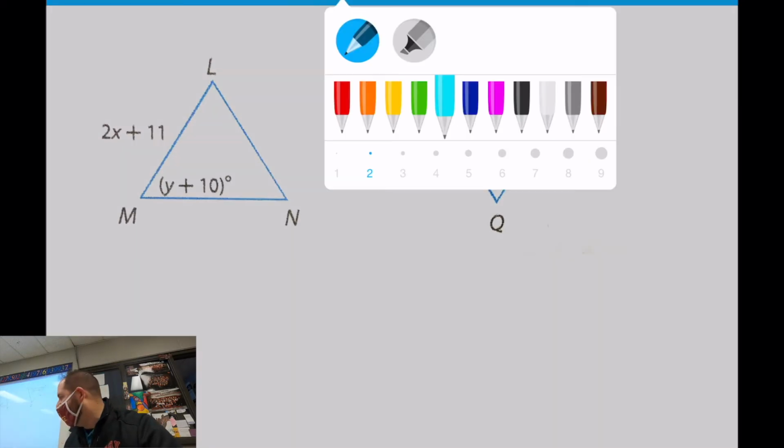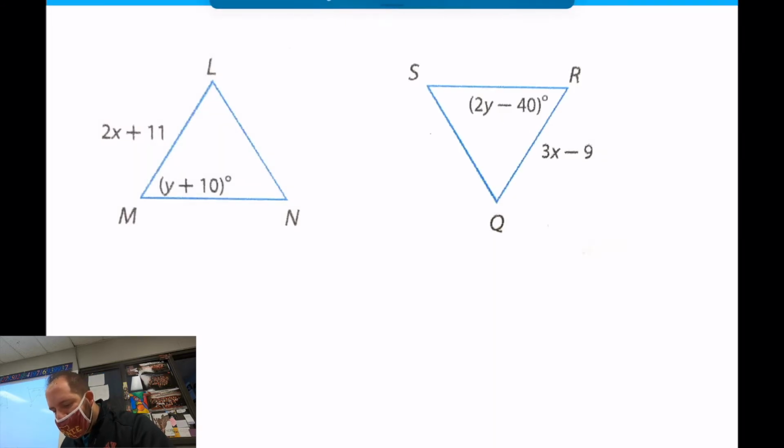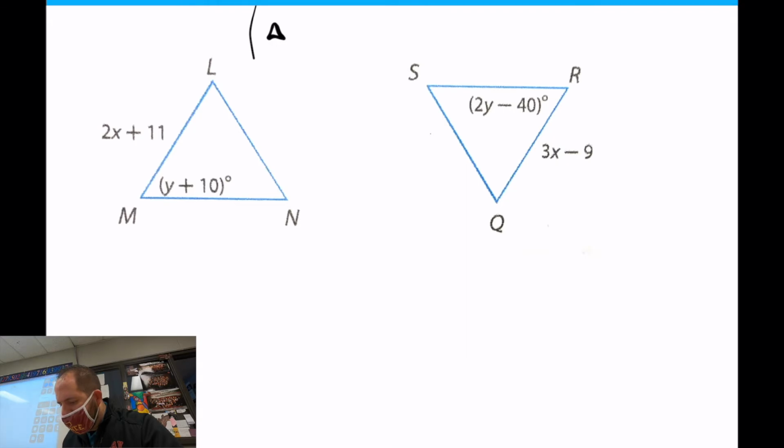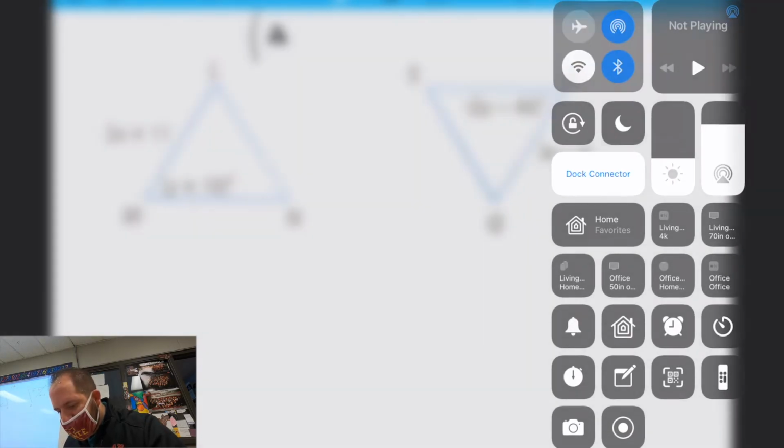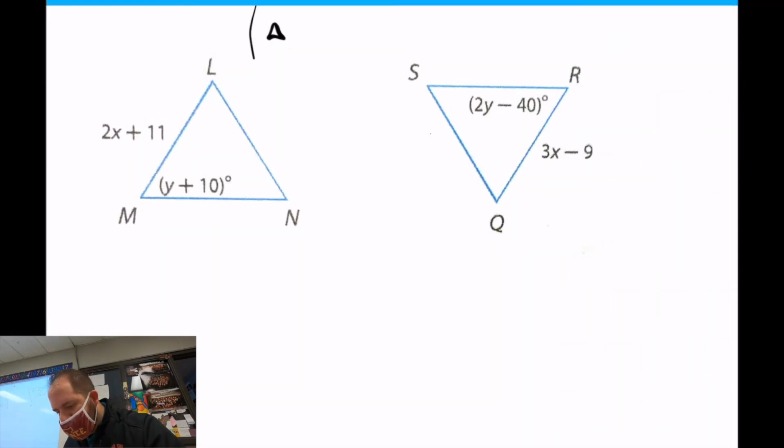So on this one it says triangle LMN is congruent to triangle, I think it's QRS.